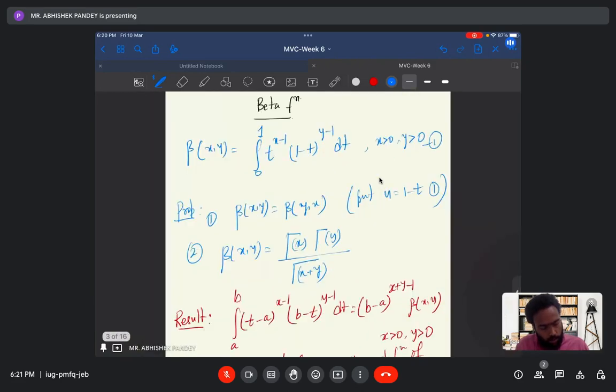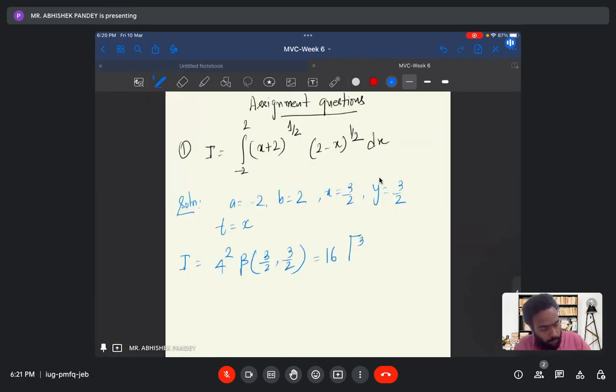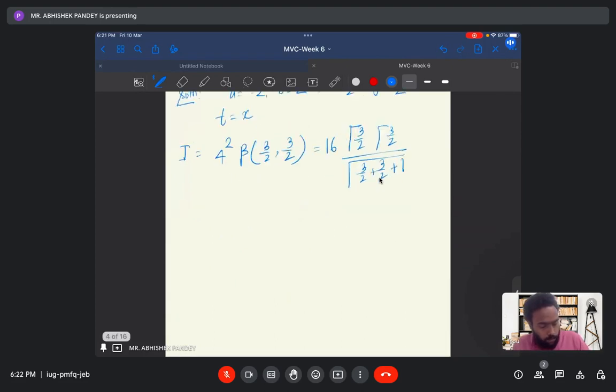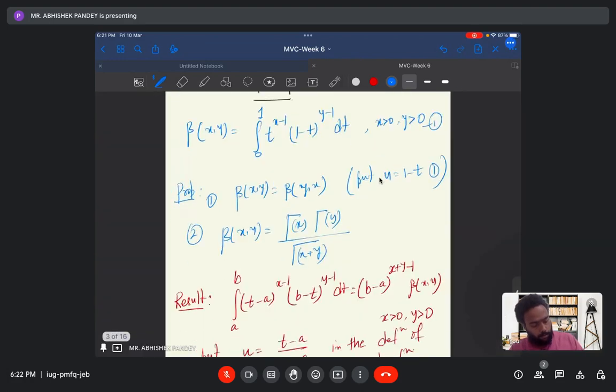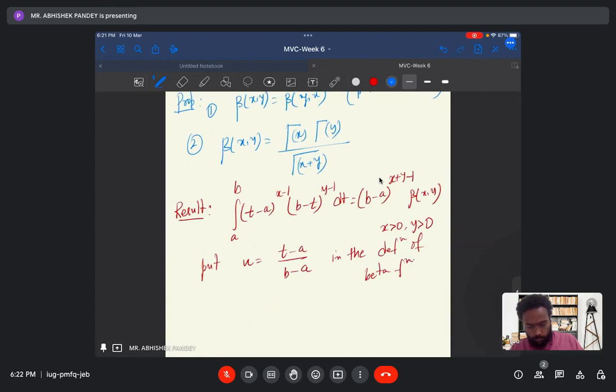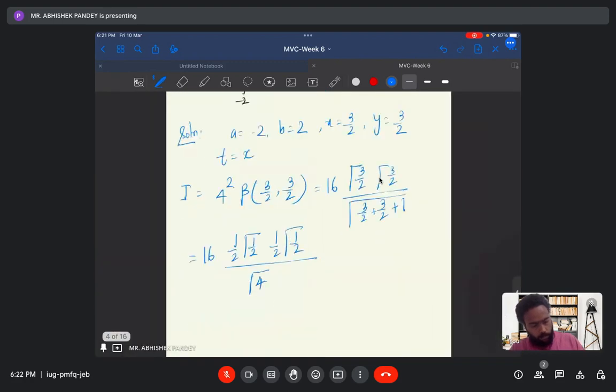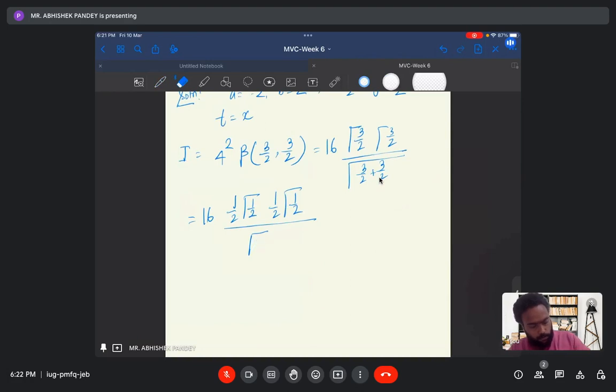Again we will use the relation between beta and gamma. This equals gamma of 3 by 2 gamma of 3 by 2 upon gamma of 3 by 2 plus 3 by 2, which is gamma of 3. That gives 1 by 2 gamma of 1 by 2 into 1 by 2 gamma of 1 by 2, over gamma of 3. So you get 16 by 2, which is 1 by 4 into root over pi into root over pi, which is pi.